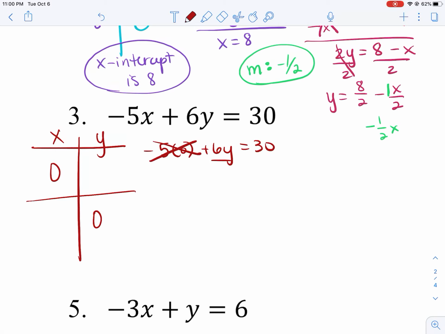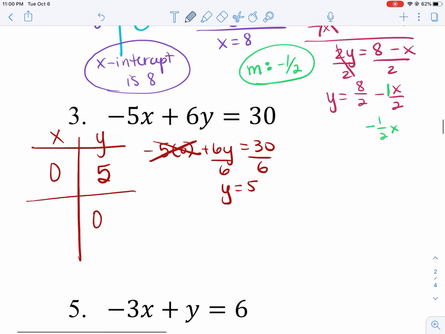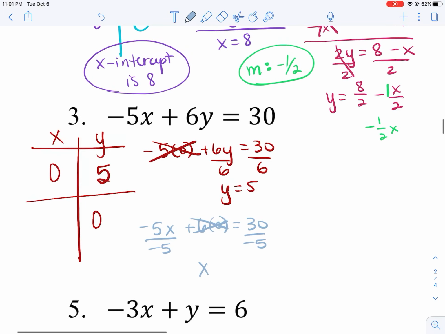This wipes out. I'm going to divide by 6 and get y equals 5. Moving on to when y is 0, so negative 5x plus 6 times 0 equals 30. This wipes this time. Divide by negative 5, and I get that x is equal to negative 6.